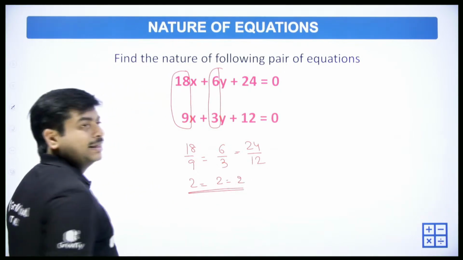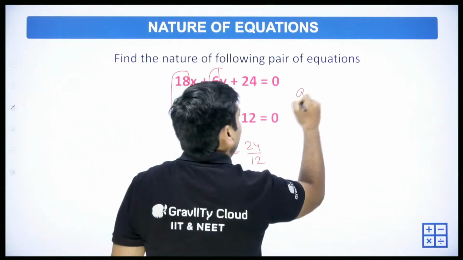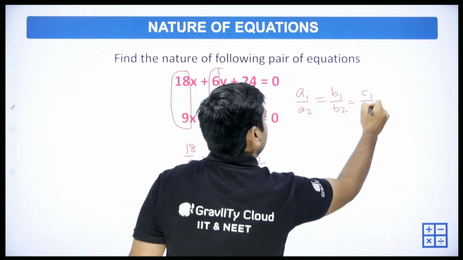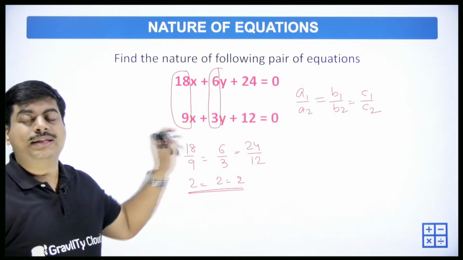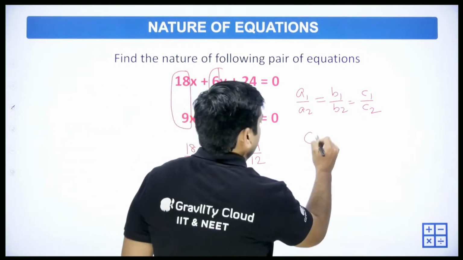So all three are equal. So we can say A1 by A2 is equal to B1 by B2 is equal to C1 by C2. Right? So they are coincident lines, and coincident lines are consistent.